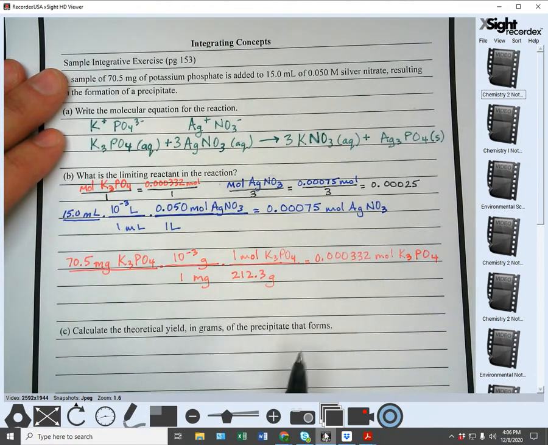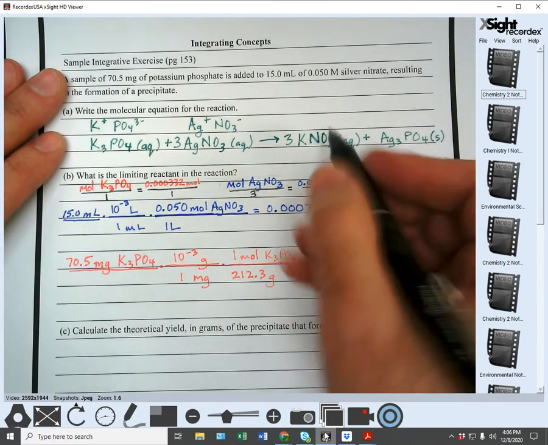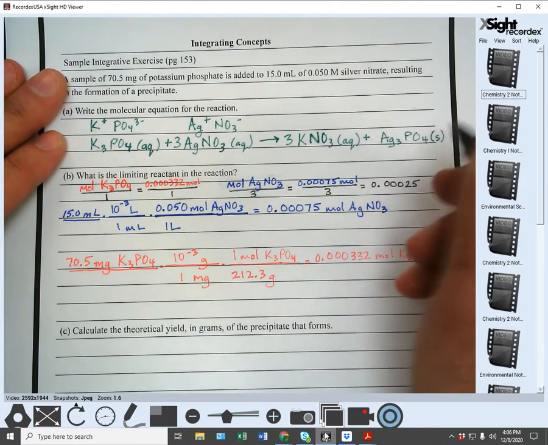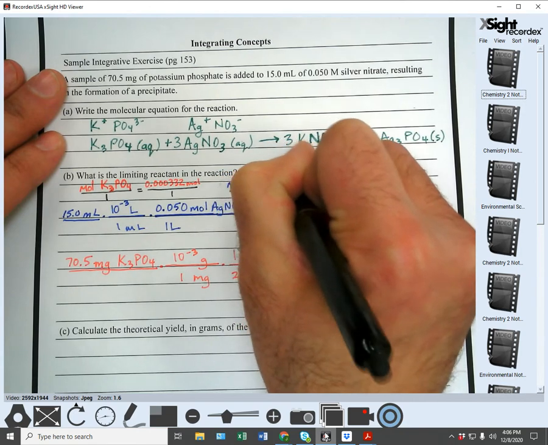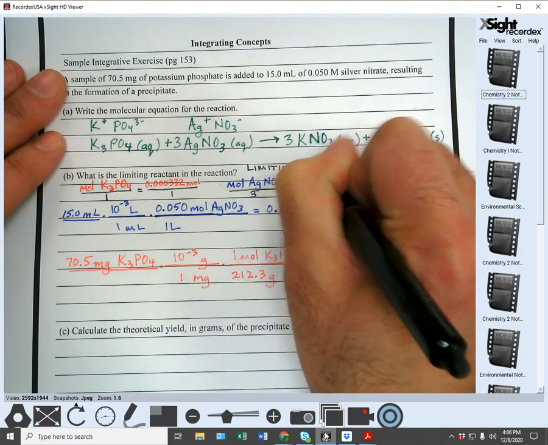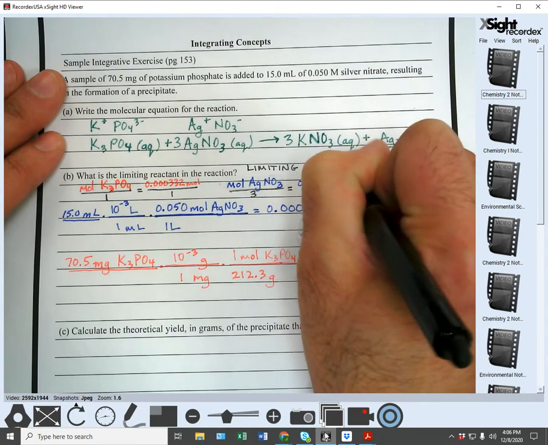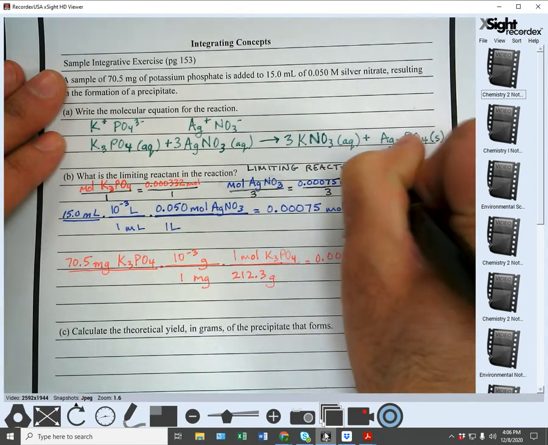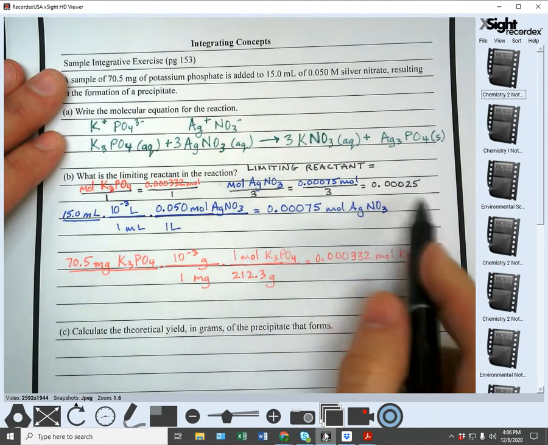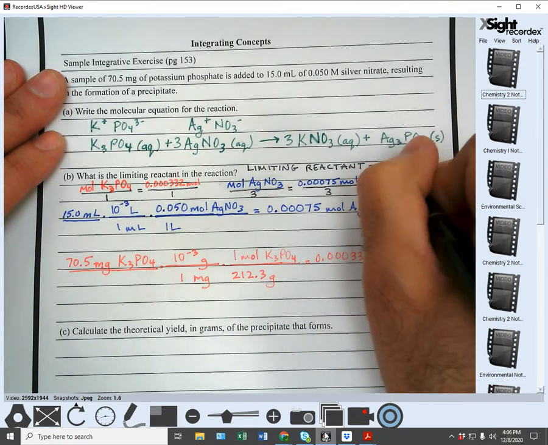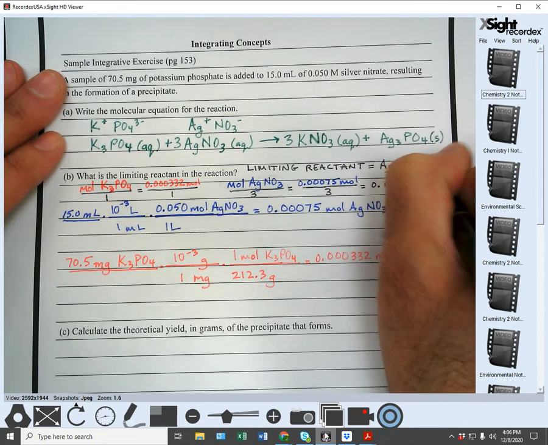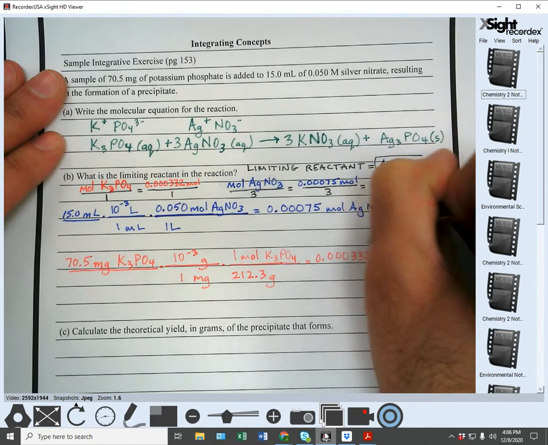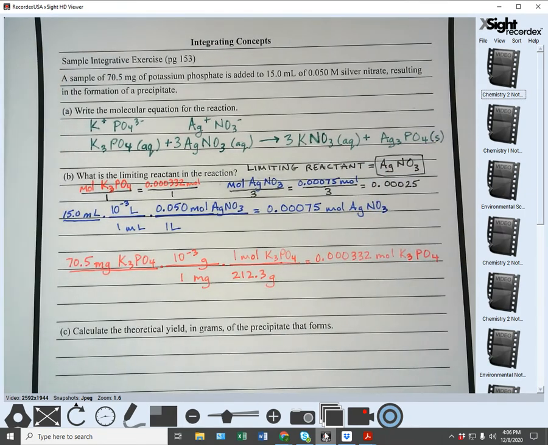Which one is smaller? Okay, this one is smaller. So that means your limiting reactant is this one, AgNO3. All right.